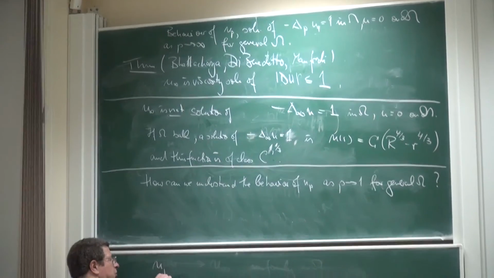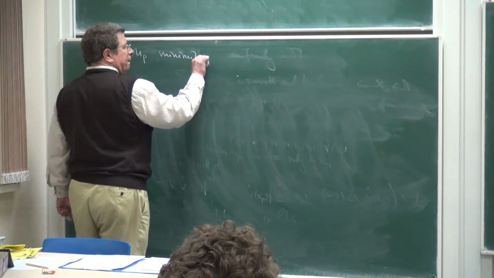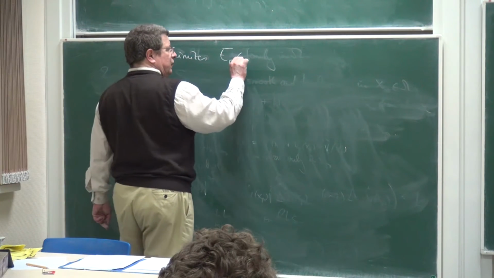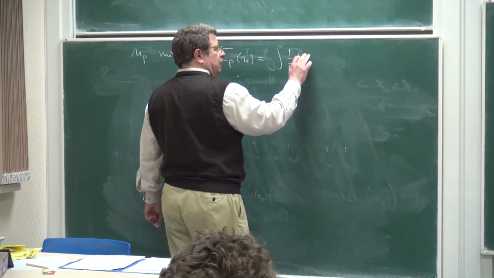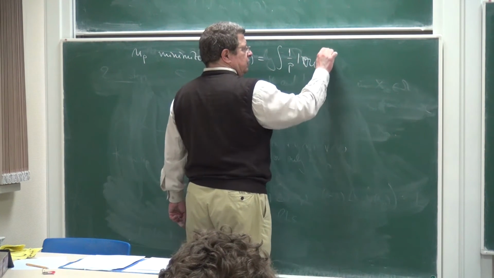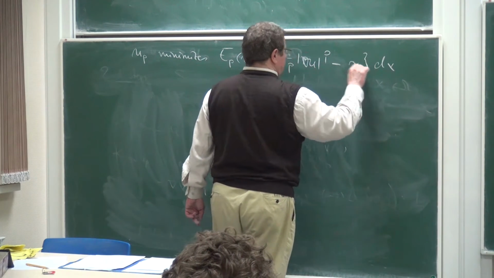Now, remember UP minimizes E sub p of u. That's 1 over p, gradient of u to the power p minus u dx.